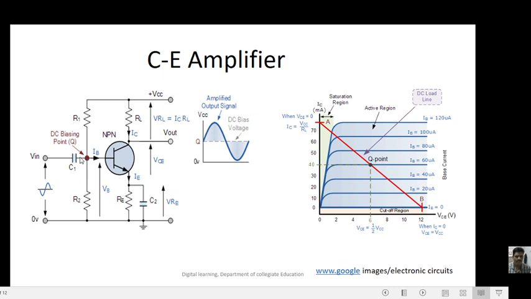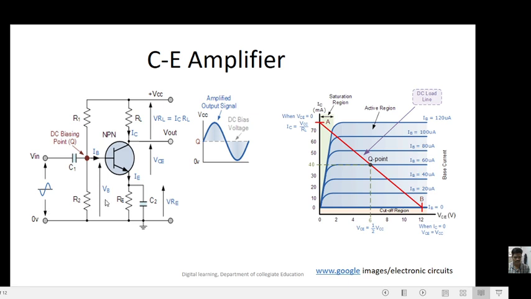Here R1 and R2 are connected. That means the voltage or current is biased from here. This is the VCC battery which supplies the voltage to the circuit, and here C2 and RE are connected in parallel to the emitter, and these are connected to the ground.